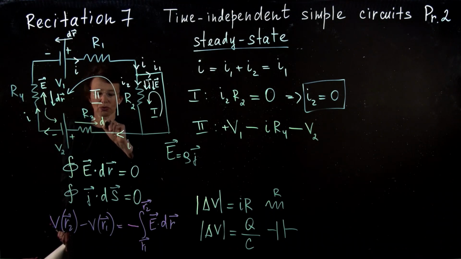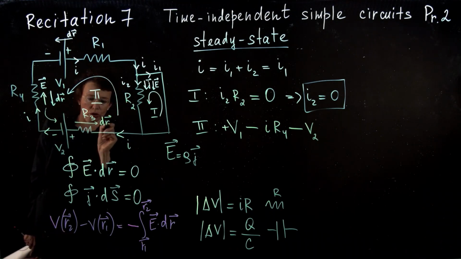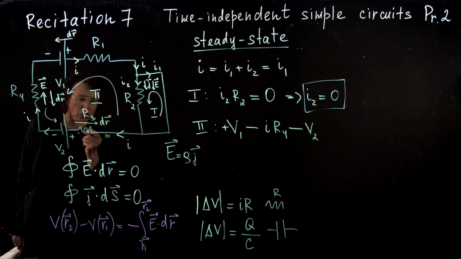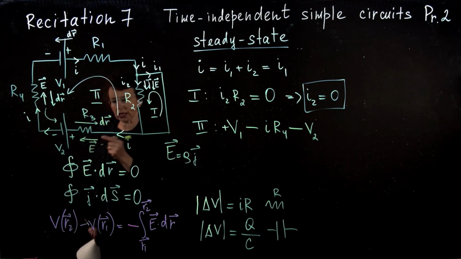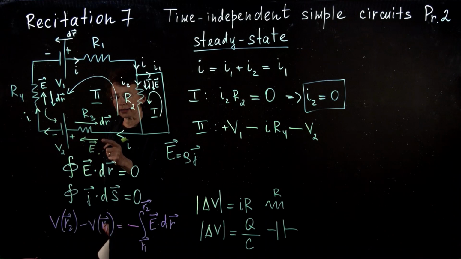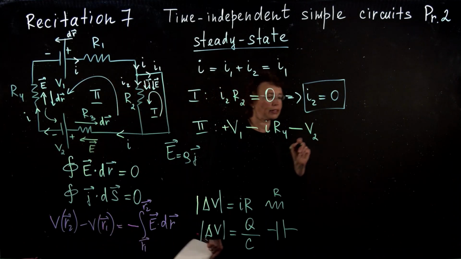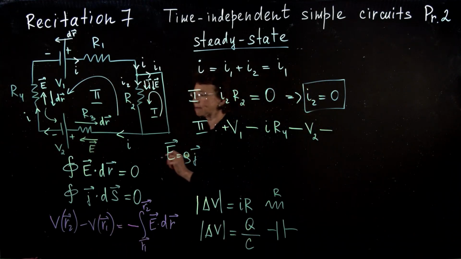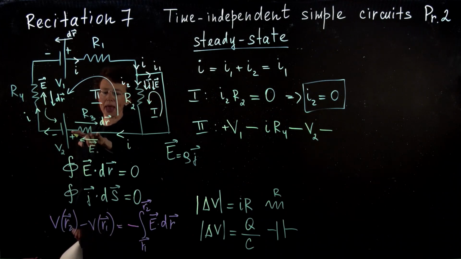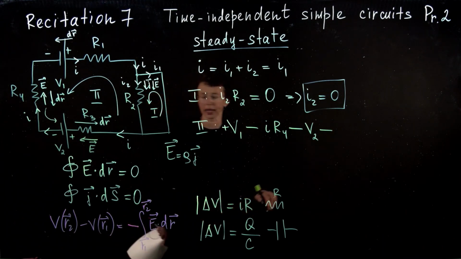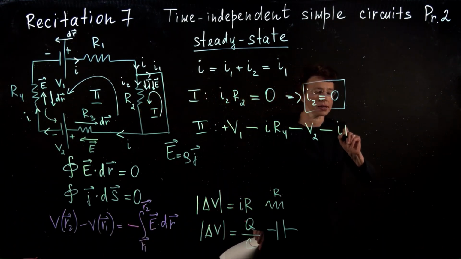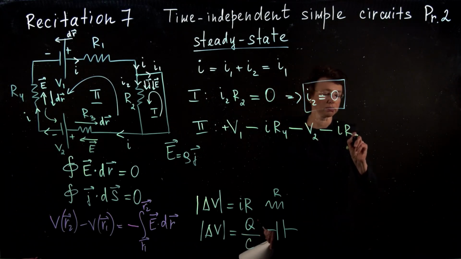This is the direction of dr. Current is flowing to the left, which means that J is to the left and E, rho J, is to the left. dr is in the opposite direction to the electric field, that's why I put minus. The magnitude of change of E dot dr across this resistor is IR. Current is I, resistance is R3.